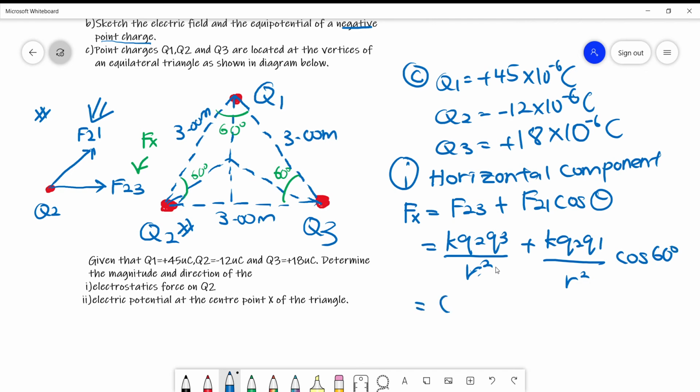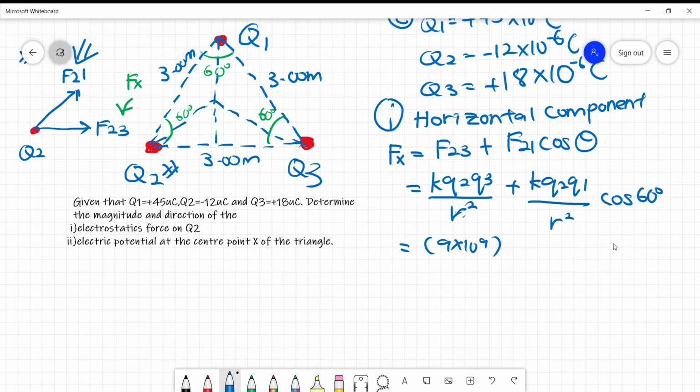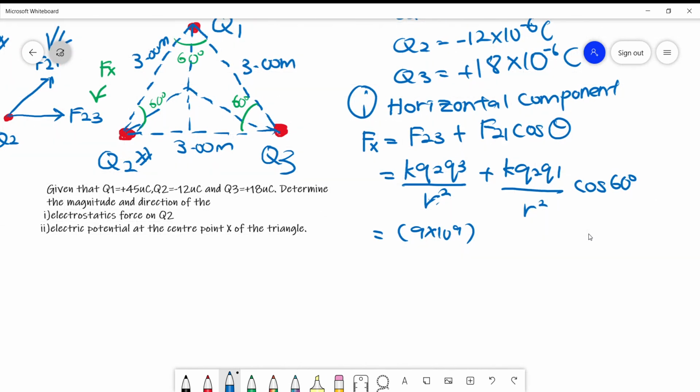So this is 9 times 10 to the power of 9. So let me just drag it down for a bit. So what will be our Q2? So remember that the negative sign is actually not required for the forces, times 10 to the power negative 6. As for the Q3, it's actually positive 18 times 10 to the power negative 6.